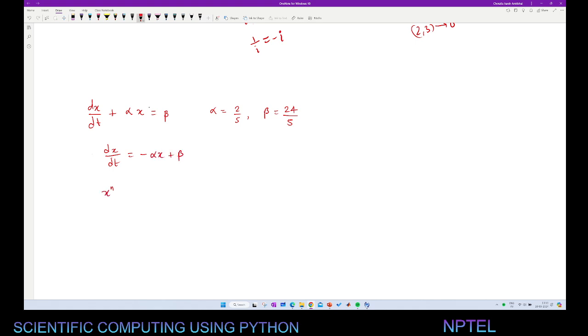Now we write x_{n+1} is equal to x_n plus delta t times f of (x_{n+1}, t_{n+1}), right? This is Euler backward, which is implicit. So we have to express this in terms of x_n and x_{n+1}. So it is alpha x_{n+1} plus beta.